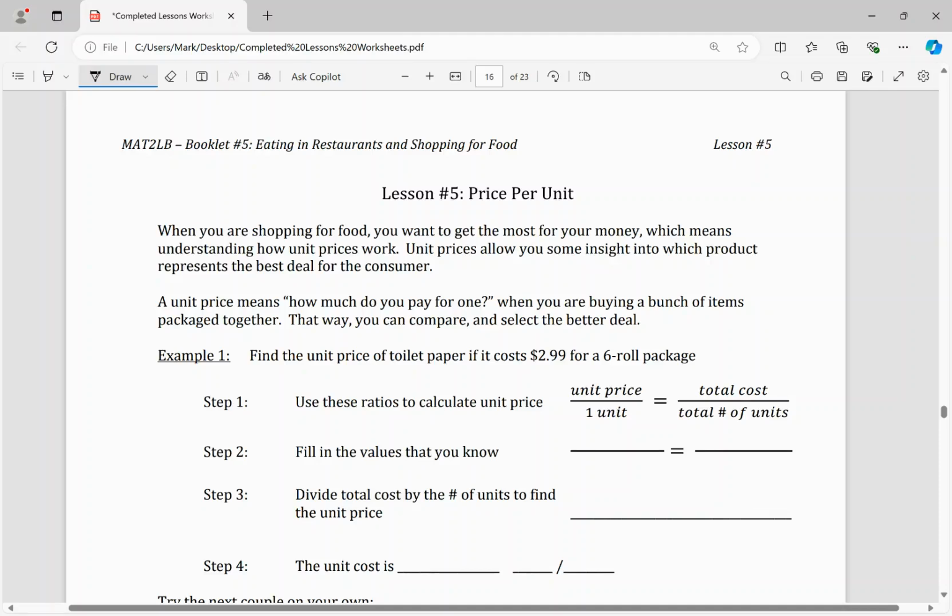All right, everyone. Today we will be completing Lesson 5 in Booklet 5, that is price per unit. Often when you're buying an item, you could buy that item in different forms, in different sizes. For example, if I look at number 1, we're buying toilet paper.